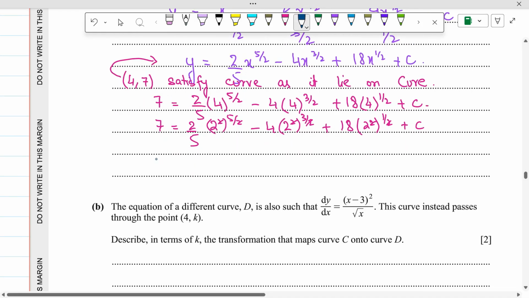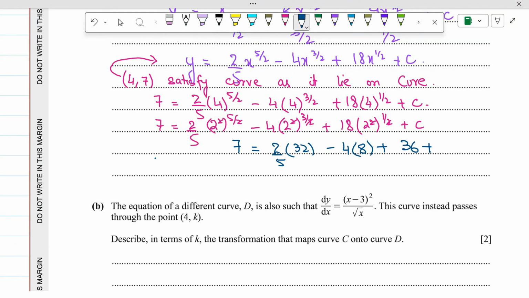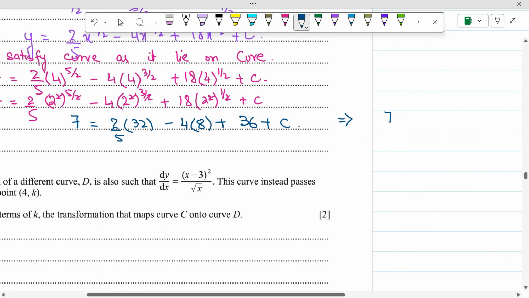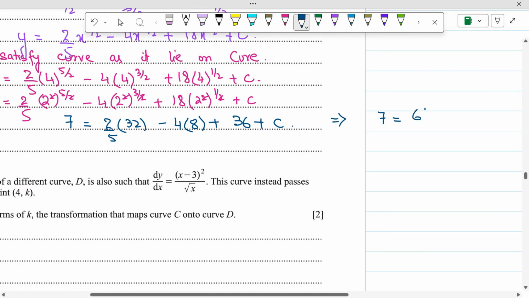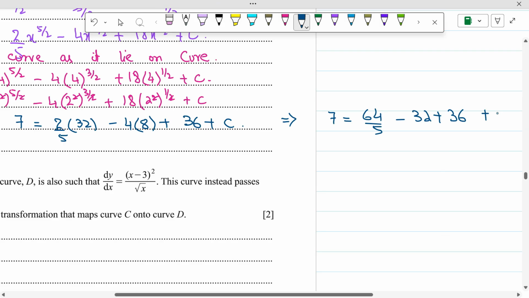So 7 equals 2 over 5 times 2 to the power of 5, which is 32, minus 4 times 2 cubed, which is 8, plus 18 times 2, which is 36, plus c. Further solving, we will have 7 equals 64 over 5 minus 32 plus 36 plus c.